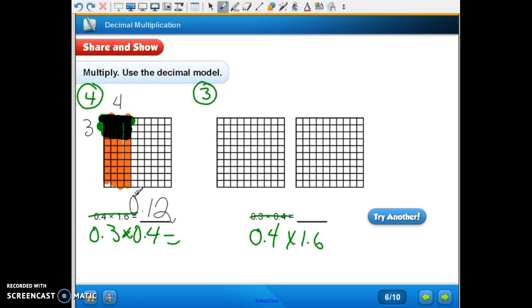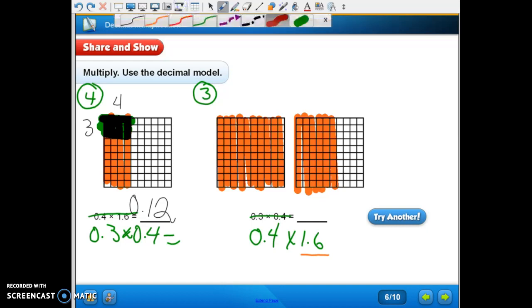Now on this one, we're going to shade that second number first. So we're going to shade this whole thing to represent our 1 of our 1 and 6 tenths, and then we're going to shade 6 of these. Then we're going to go back and shade 4 across.